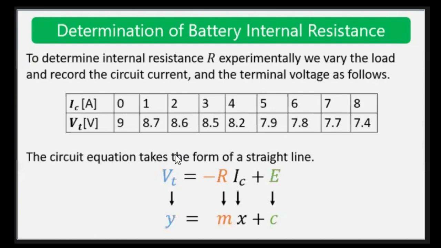It is equal to Y is equal to MX plus C. So if you plot these points on the XY axis, with IC on this axis and VT on this axis, like this, and you plot a straight line, this is going to be Y is equal to MX plus C. This M is the internal resistance, right? So simple.